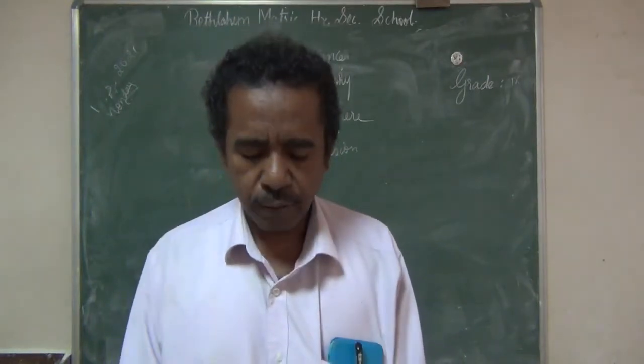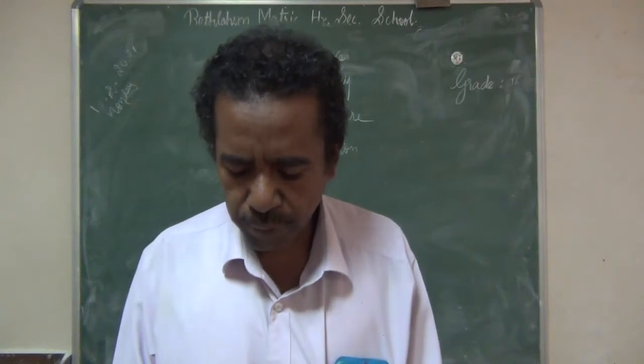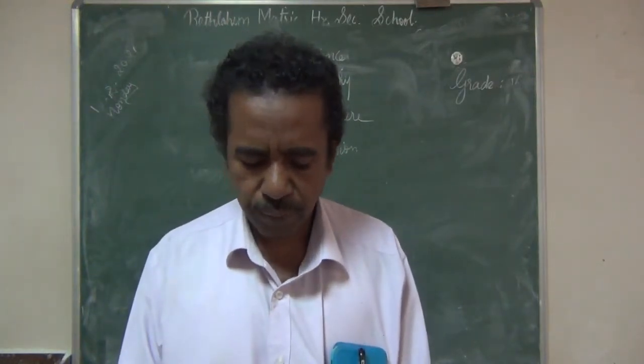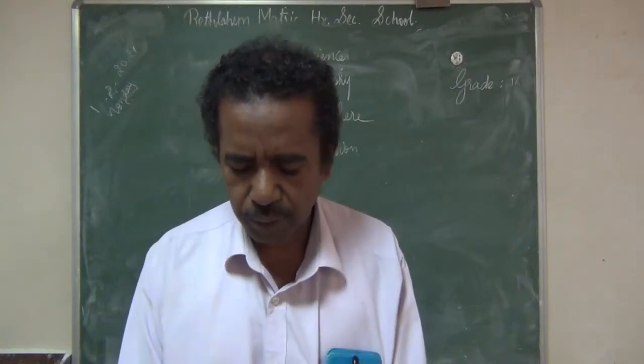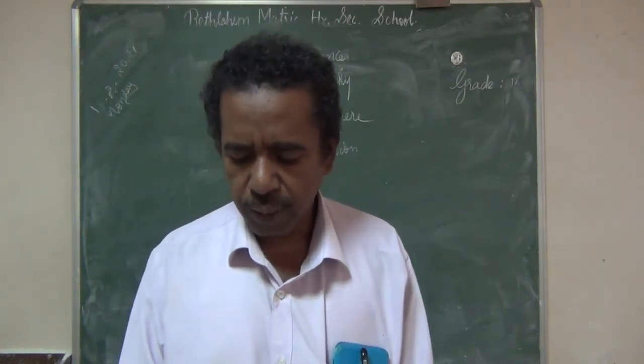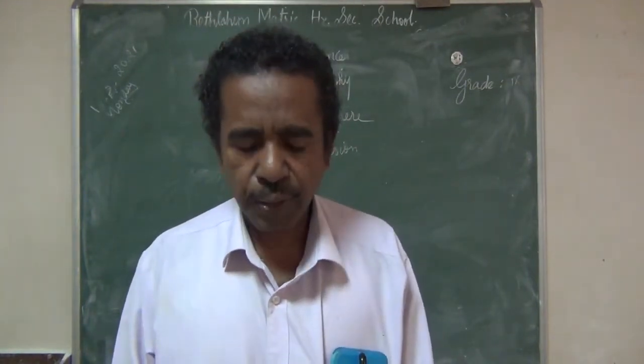Why? Because the northern hemisphere holds 61% of land and the southern hemisphere holds 81% of water. Because of this pattern of land and water distribution, the northern hemisphere is called land hemisphere and the southern hemisphere is known as water hemisphere.